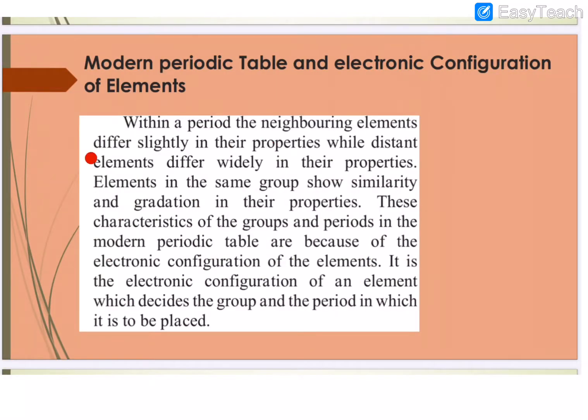Within a period, the neighboring elements differ slightly in their properties. When elements are close to each other, they have only slight differences, while distant elements, which are at great distance, differ widely in their properties.